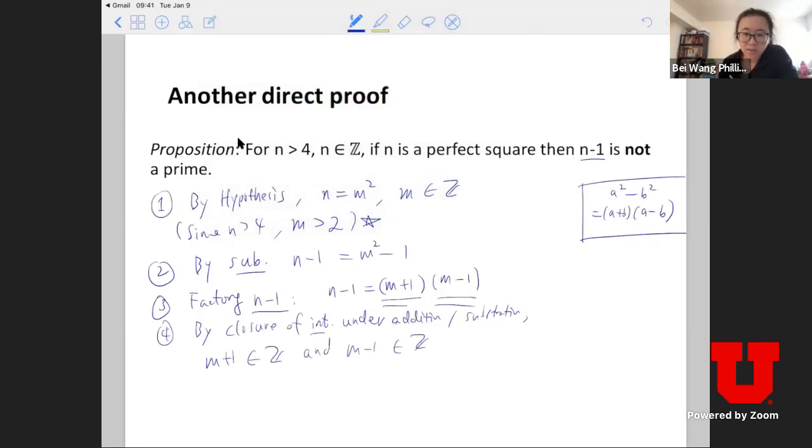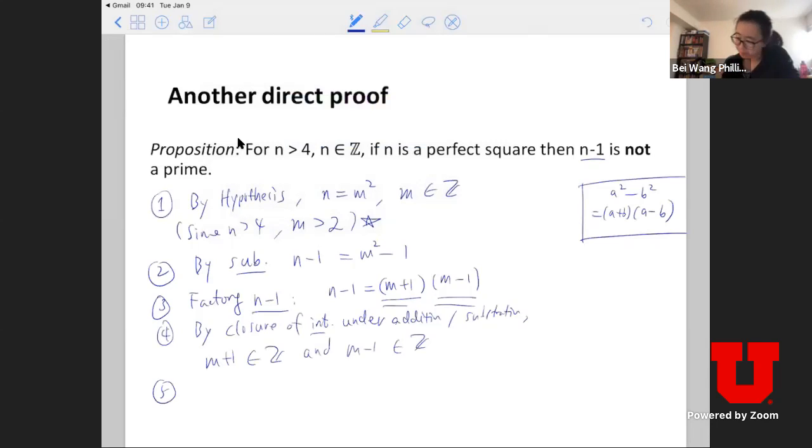However, that is not enough to show that n minus 1 is not a prime, because you need to show that m plus 1 and m minus 1 are not equal to 1 or n minus 1.